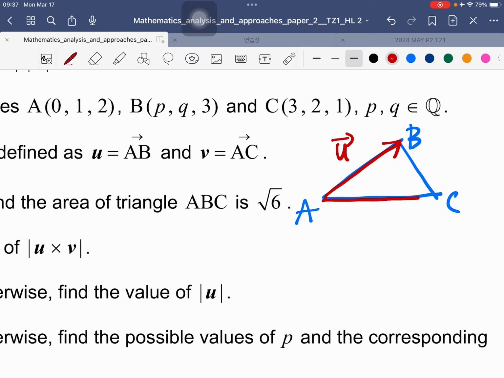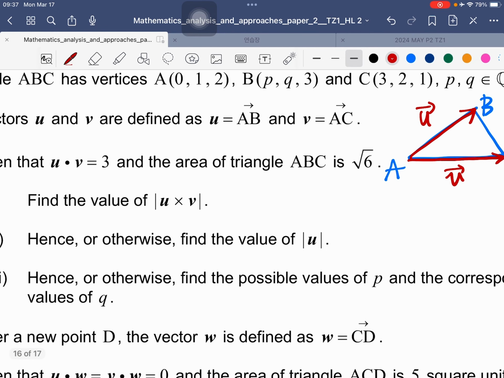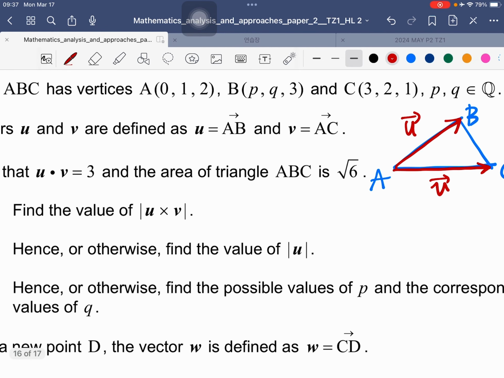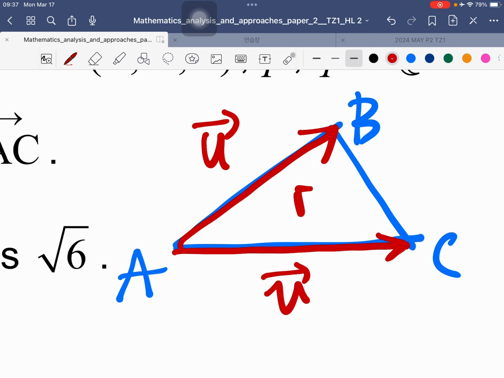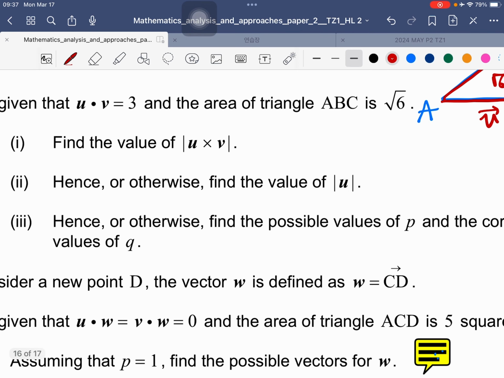So this vector here is the v vector. And u dot v is 3, and the triangle area is square root of 6. So the area of this triangle is square root of 6. So find the value of the magnitude of u cross v.